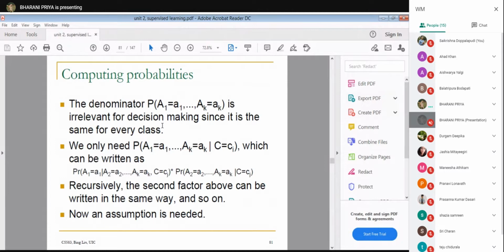Now we have these conditional probabilities. We'll calculate the probabilities for each and every attribute with respect to the given class.